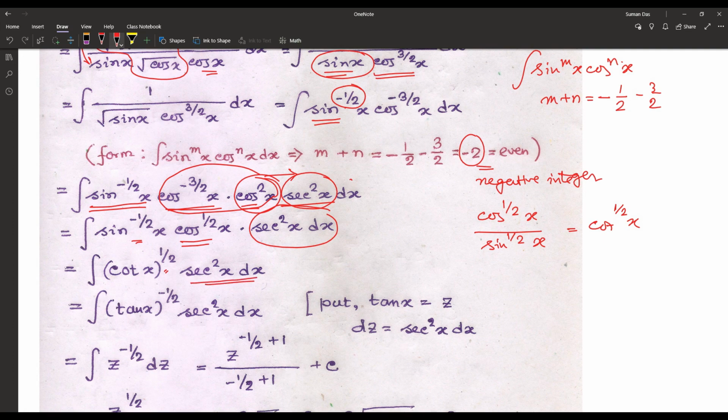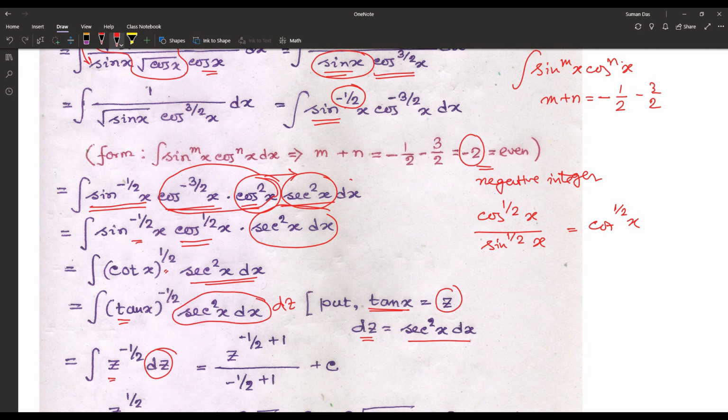Now the same substitution, we are putting z as tan x. So dz is equal to sec square x dx. For that part we get dz, and cot to the power half x can be written as tan x whole to the power minus half, so that is z to the power minus half.